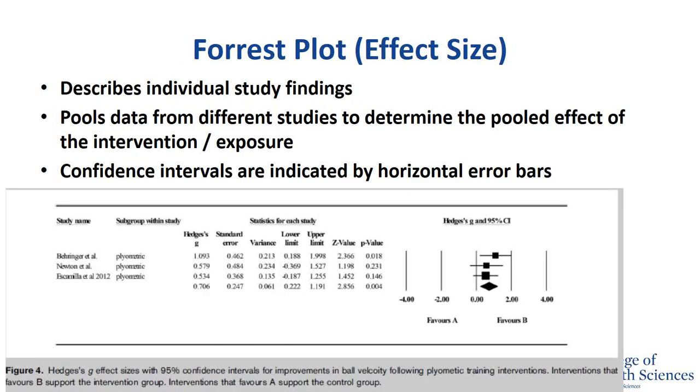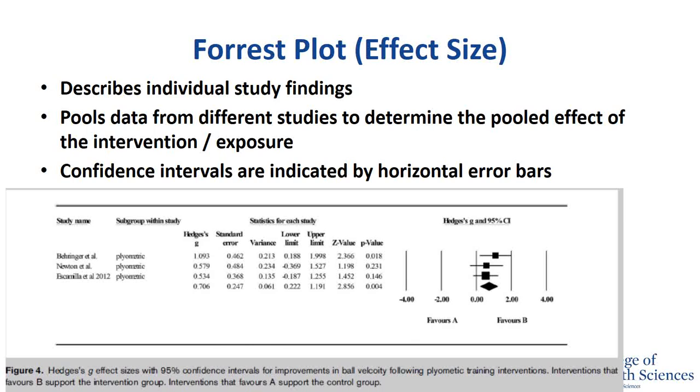So this is an example of what a forest plot would look like. I'm sure you've probably seen these before, but it basically takes the data from individual studies from Newton and Escamilla and Beringer and looks at what their individual values were from the data we put in. This is a graph from a former doctoral student, and we were looking at if a certain exercise type favors increasing arm or ball velocity.